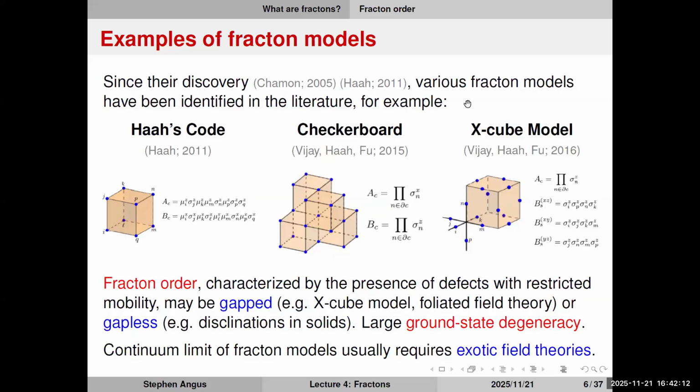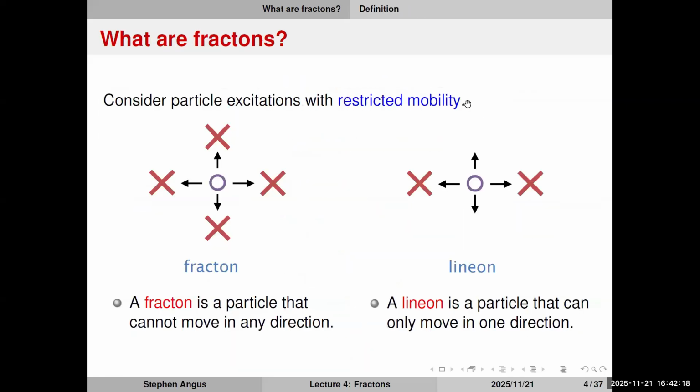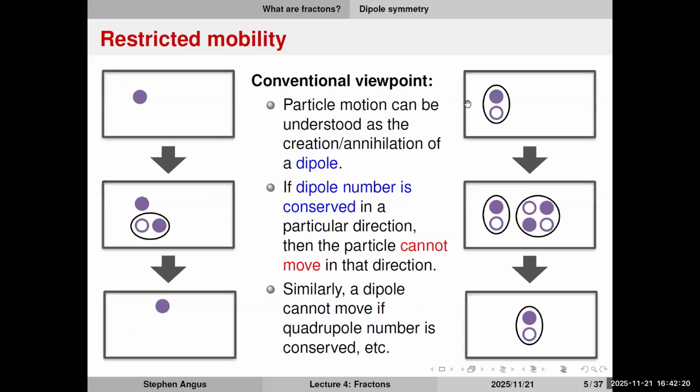So it emerges from, if we go back to this picture here. One conventional picture is that we have something called subsystem symmetries. So they're symmetries that are defined on each plane of the lattice, or in each direction.